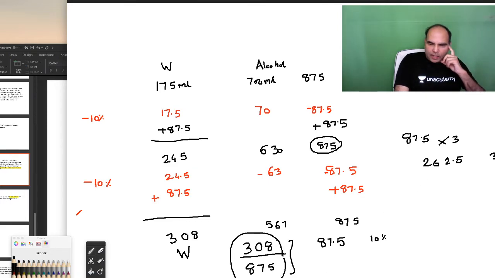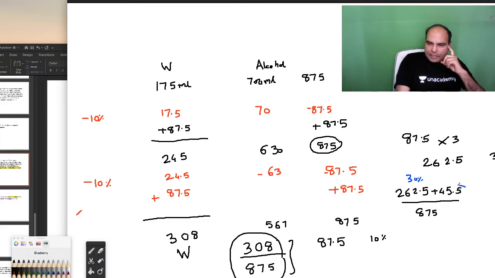So 308 can actually be written as 262.5 plus 45.5, divided by 875, and this part is already 30%.